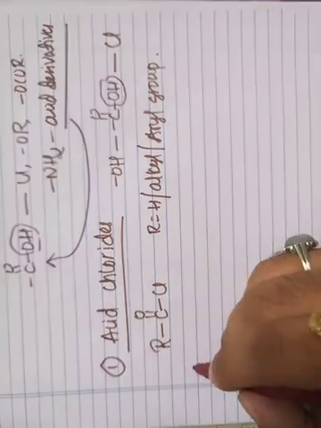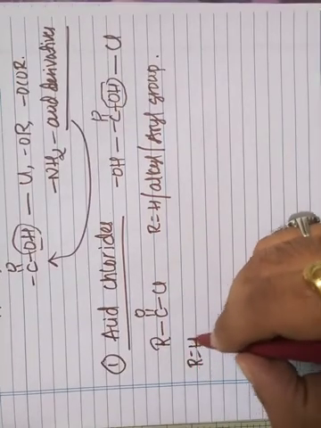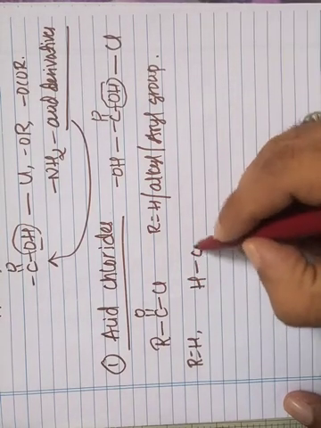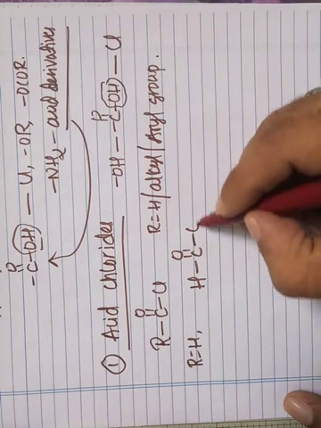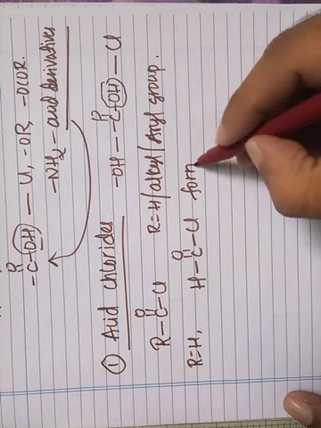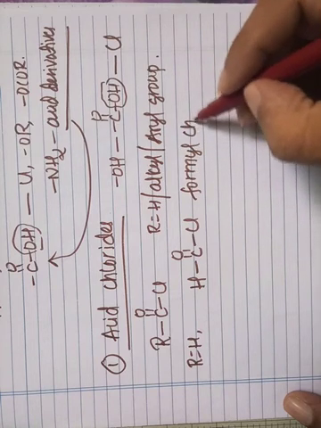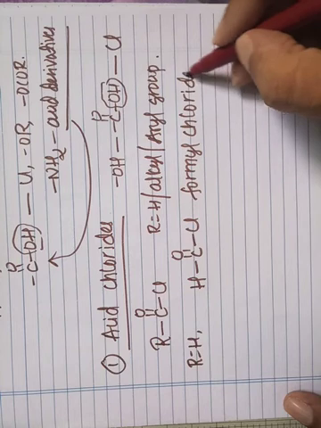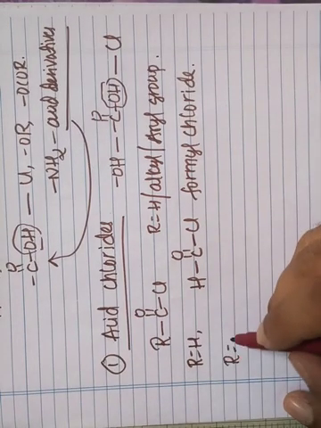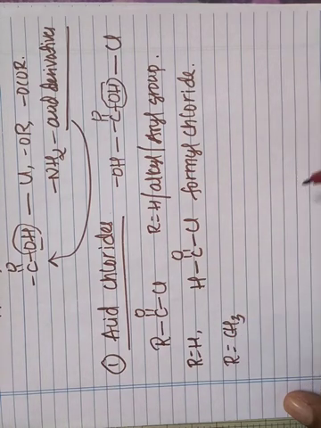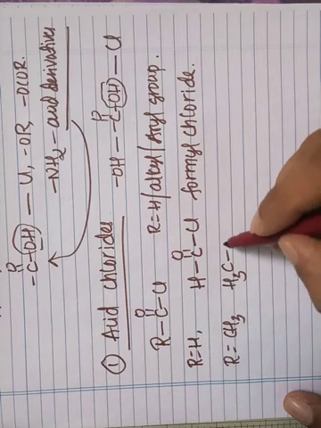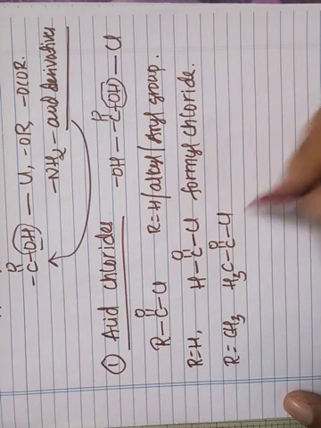For example, if R is H, then HCOCl. The name of this compound is formyl chloride. Similarly, if R is CH3, then CH3COCl.